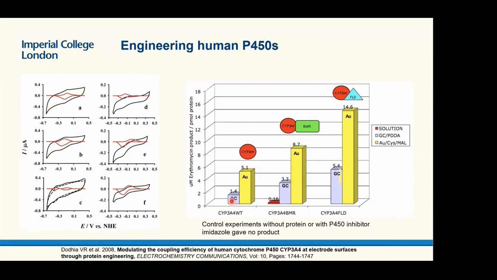We see that engineering of the electrode to have direct and oriented immobilization helps. And on top of that, we also have an improvement with engineering of the protein. So by combining engineering of the electrode and engineering of the protein, you get the highest, let's say, level of catalytic performance of the system.